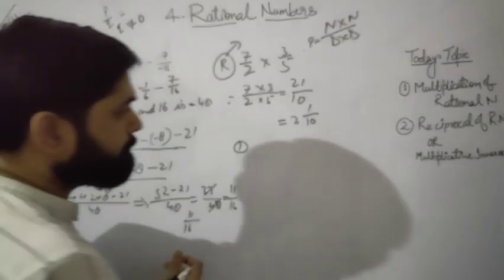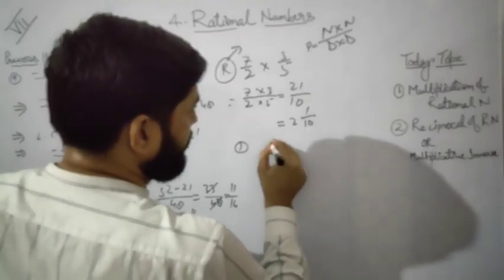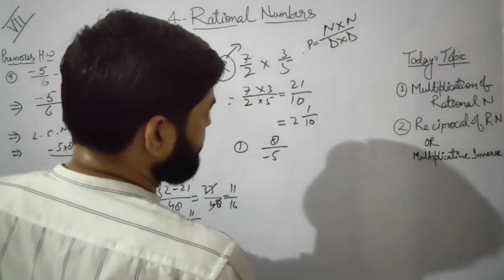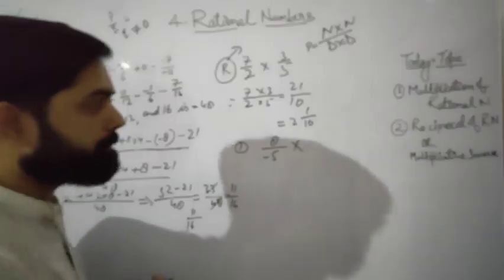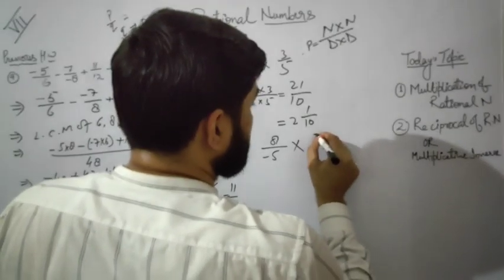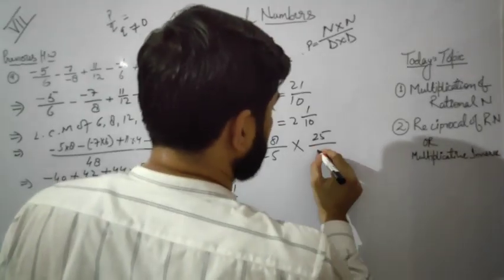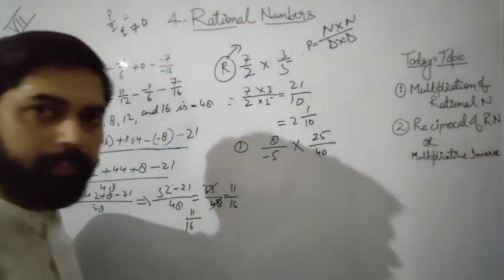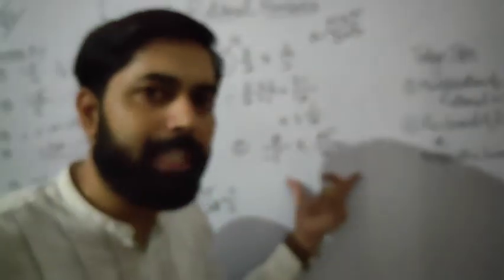Another example we take for the rational number is, suppose that is given here: 8 upon minus 5 and then multiply by 25 upon 40. The question is saying multiply the two rational numbers.